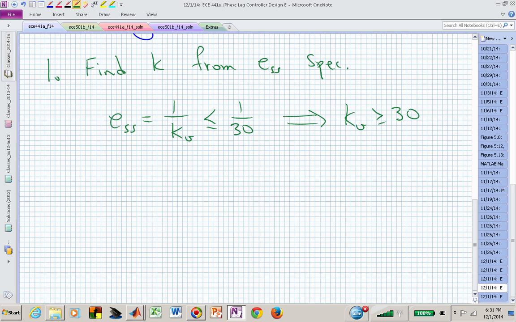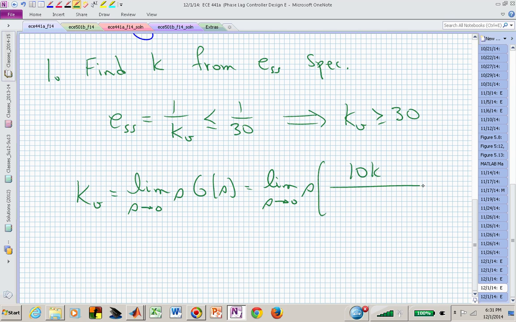And K sub V relative to our particular system is the limit as S goes to 0 of S G of S, which is now the limit as S goes to 0 of S times 10K over S, (0.1 S plus 1), (0.05 S plus 1).